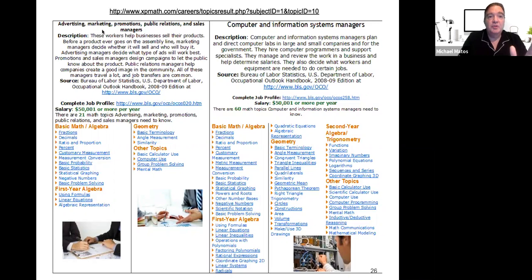So most of the description and the source and the salary comes from the Bureau of Labor Statistics and the U.S. Department of Labor. But together with XP Math, they also send you to a link that lets you know what the math skills are that are going to be needed for this particular career path.